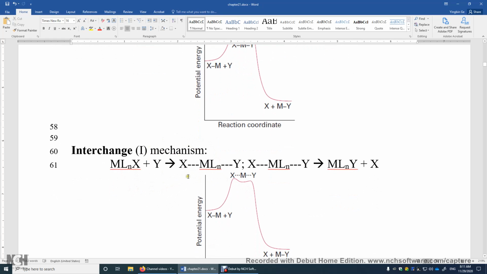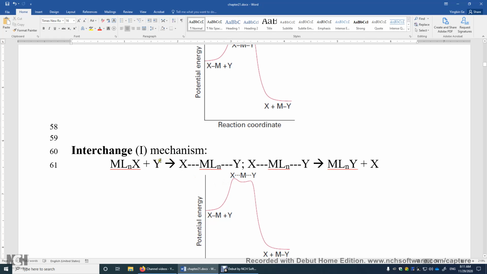In the first step, it's kind of interesting. It's kind of between the dissociative and associative mechanisms. So X starts to leave, but X has not completely left. It's a partial bond between X and M in the intermediate.